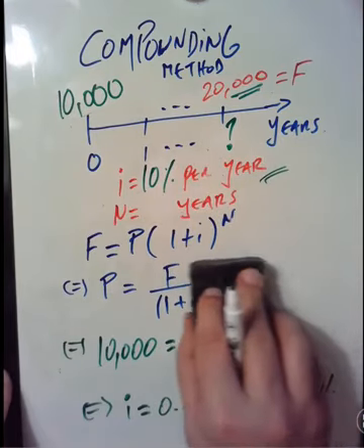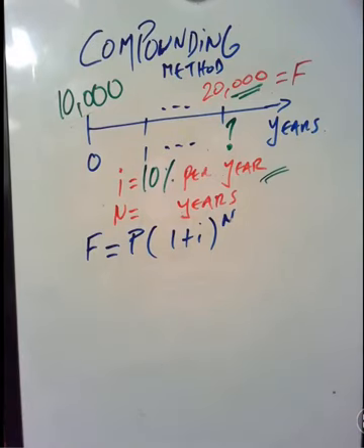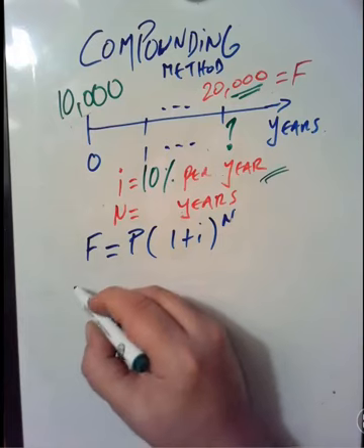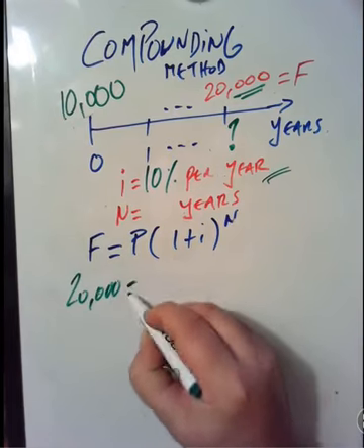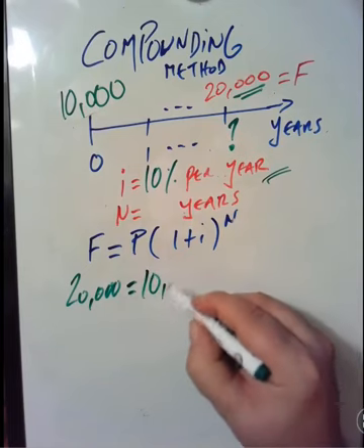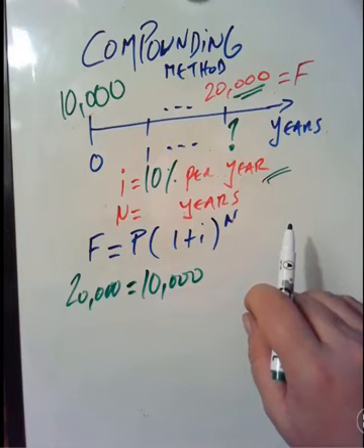So we can go back to this formula and plug the numbers. So 20,000, that's how much I want to have in the future. 10,000 is the present value, how much I have to invest now.